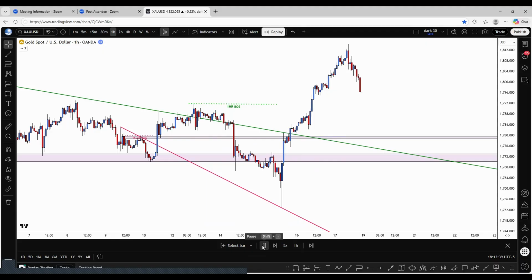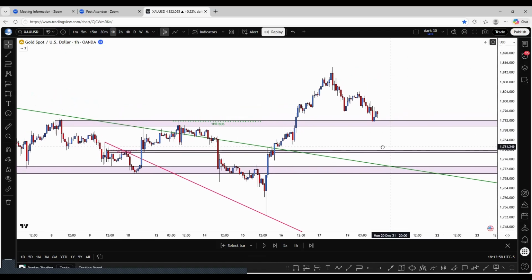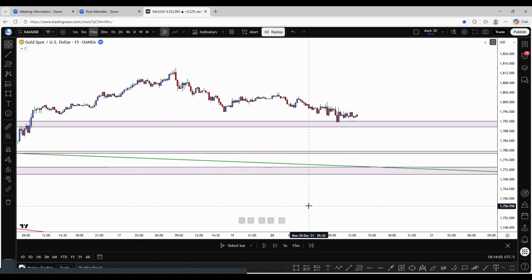And it's not to say it always has to do that. It could continue, because it can retest this, which is another zone, and keep going. And that's what it looked like it was about to do. So let me see. Let me go down to 15 minutes.